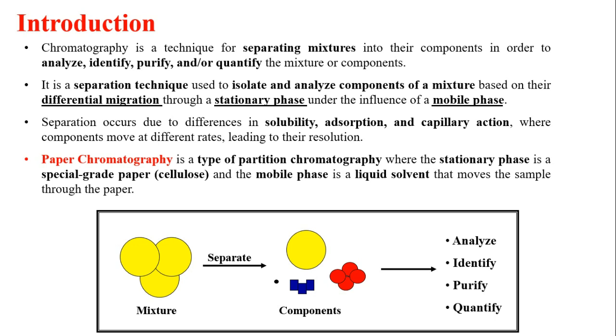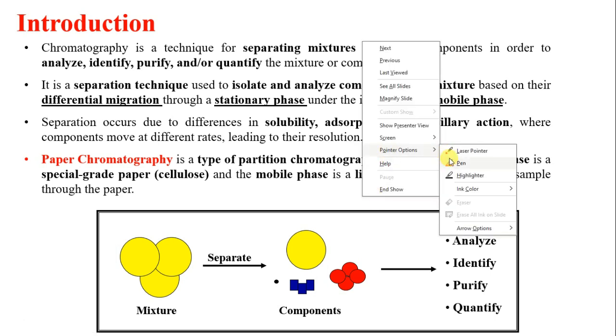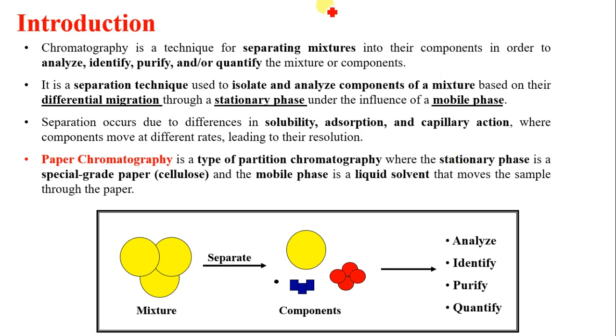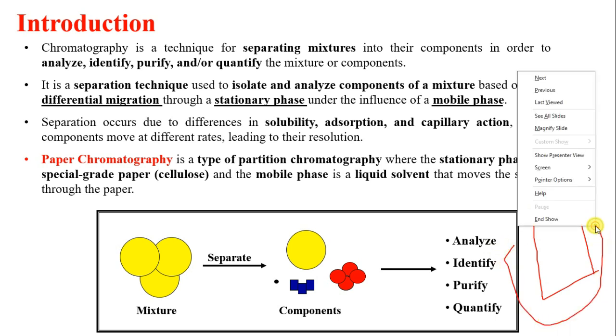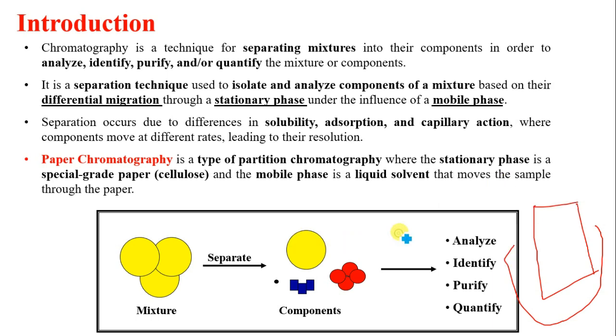Partition means segregation. Let's take a small diagram so you can understand. Let's take this paper strip, and suppose we have kept it in a particular solvent system. Let's say we take different ink colors.